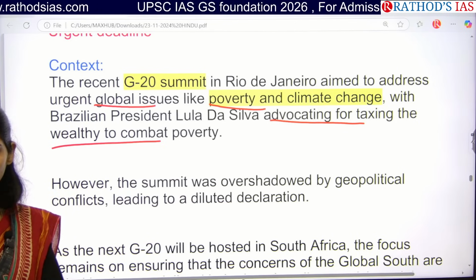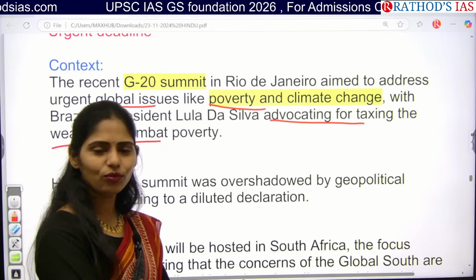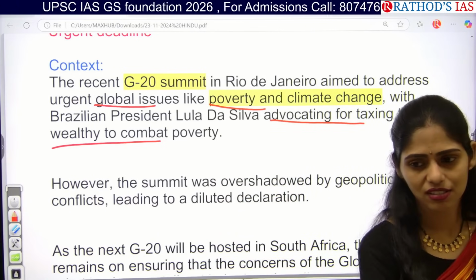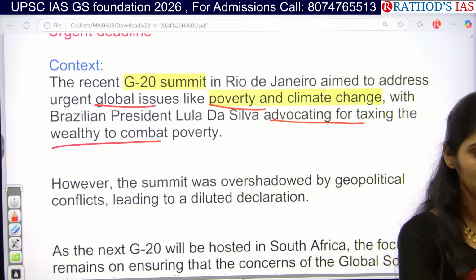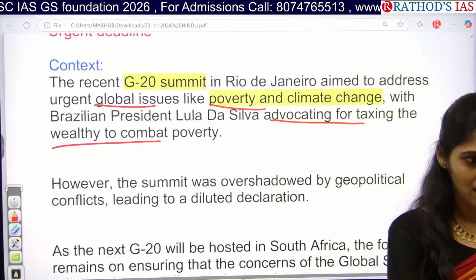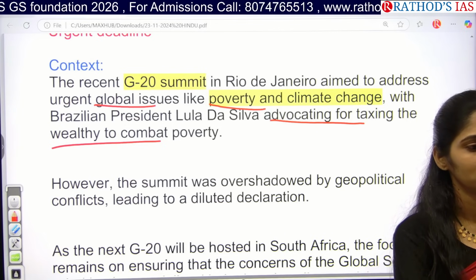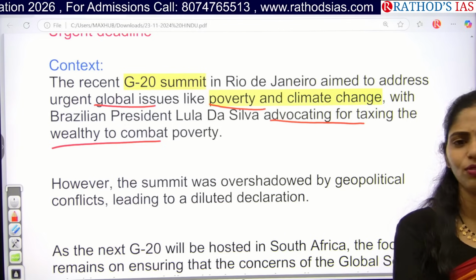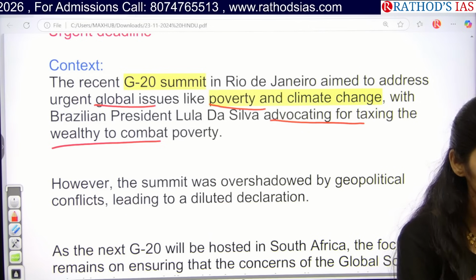Is this right according to you? Yes. Why? Why do rich countries have to give finance for addressing poverty? So what? It is your problem. You have to make your country develop. Then why do other countries have to give?